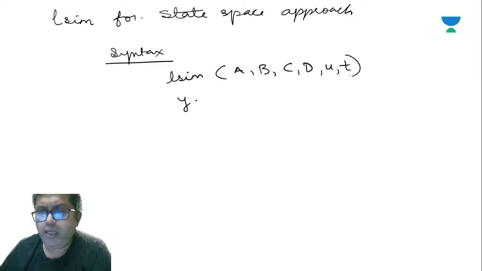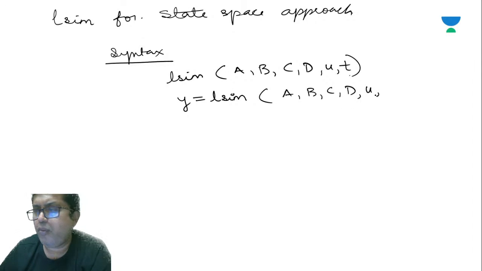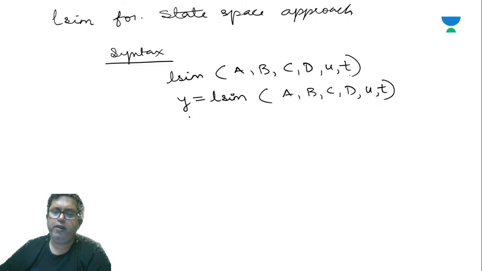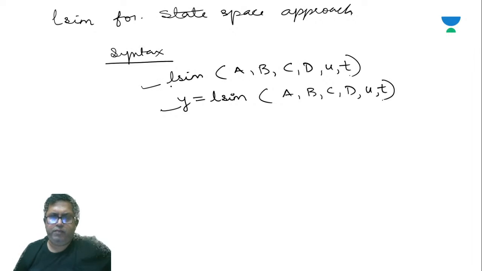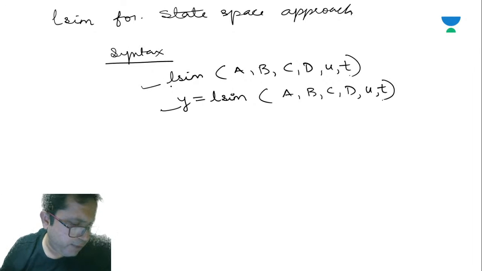Y is equal to LSIM a comma b comma c comma d comma u comma t. In this way you can find out the output response, and the LSIM syntax.